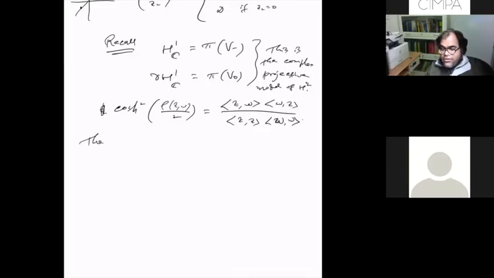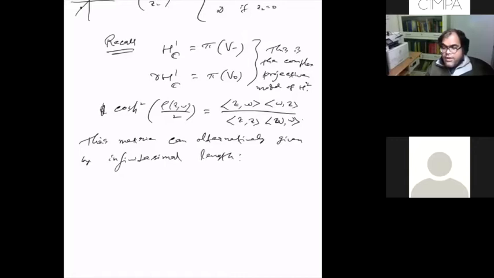So this gives you the Poincare metric. This metric can alternatively be given by the infinitesimal length, which is ds squared, which is minus 4 by this determinant.